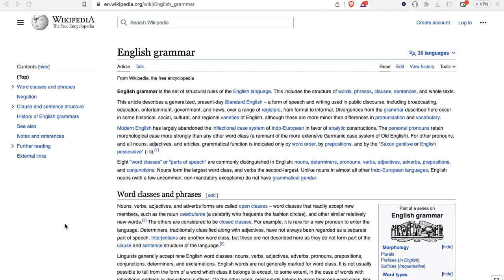Nouns form the largest word class, and verbs the second largest. Unlike nouns in almost all other Indo-European languages, English nouns, with a few uncommon, non-mandatory exceptions, do not have grammatical gender.